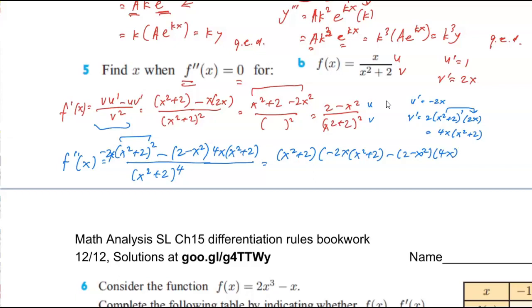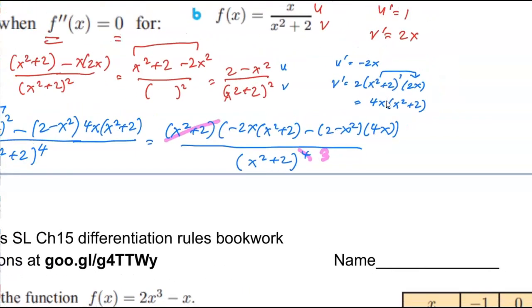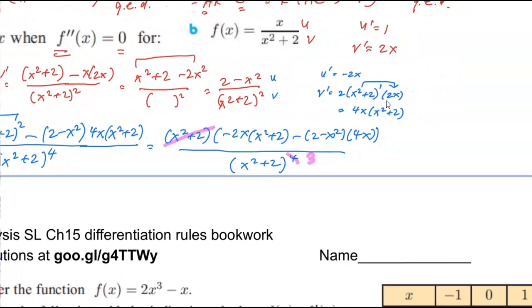Yuck. And on the bottom, I would have x squared plus 2 to the fourth, and I could cancel one of these factors. That would make it a little nicer. So now I have the second derivative reasonably simplified. Now they said to set it equal to 0.